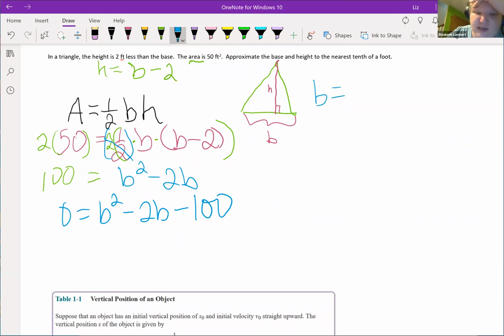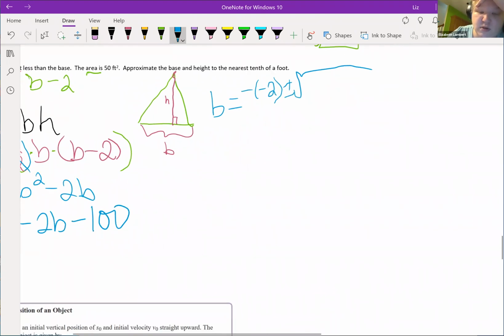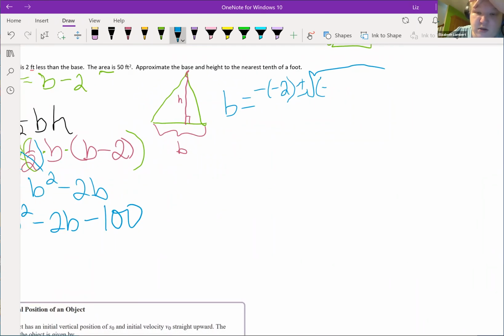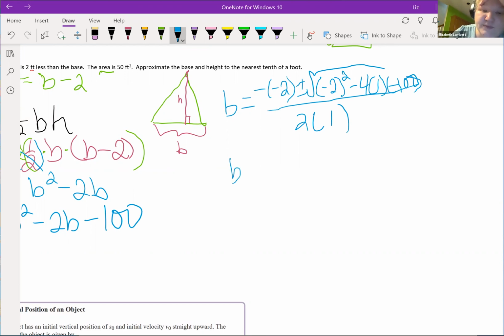So negative b is negative negative 2 plus or minus the square root of b squared minus 4ac all over 2a. So this is 2 plus or minus.